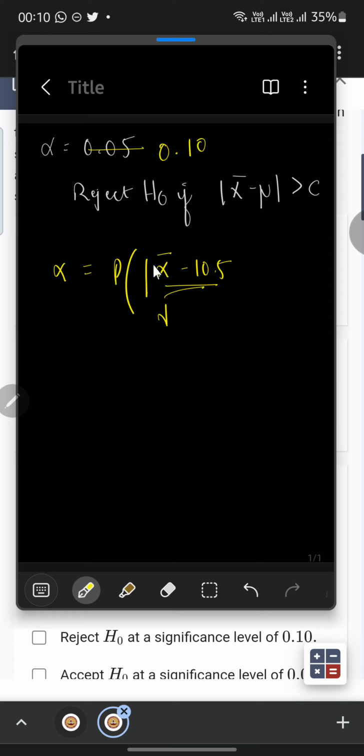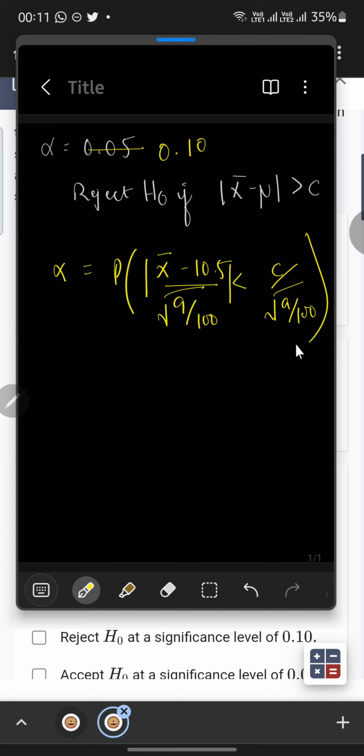Yeah, it would be 9 by 100. I just opened up another question on my screen, so it gave me a problem, right? So c by root 9 by 100.